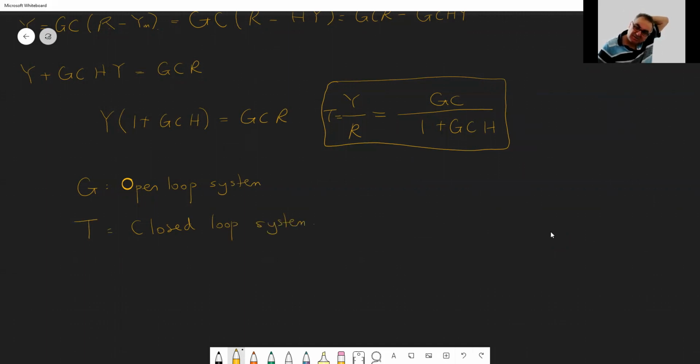And you see they are different. The poles and zeros and the steady state gains of these systems are different. As a matter of fact, the closed loop system changes the dynamic response of the original system and makes it a different kind of system.